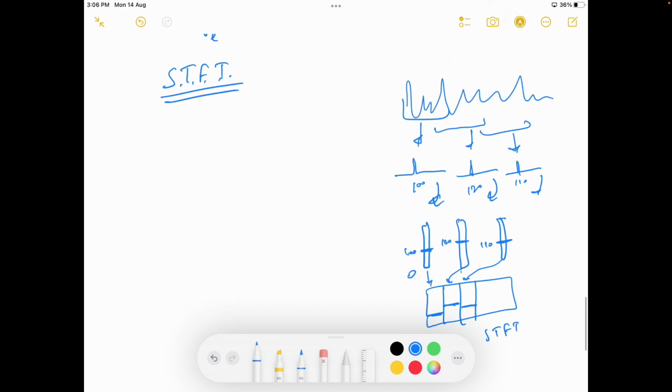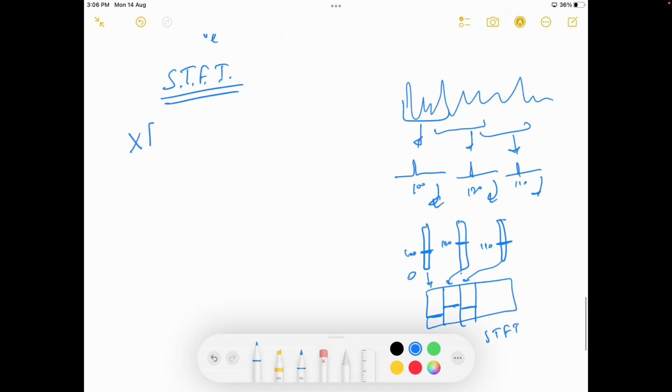I represent it by X[k, m]. So what is X[k, m]? Summation n equal to 0 to N minus 1. Okay, so this is basically, you have your x[n].